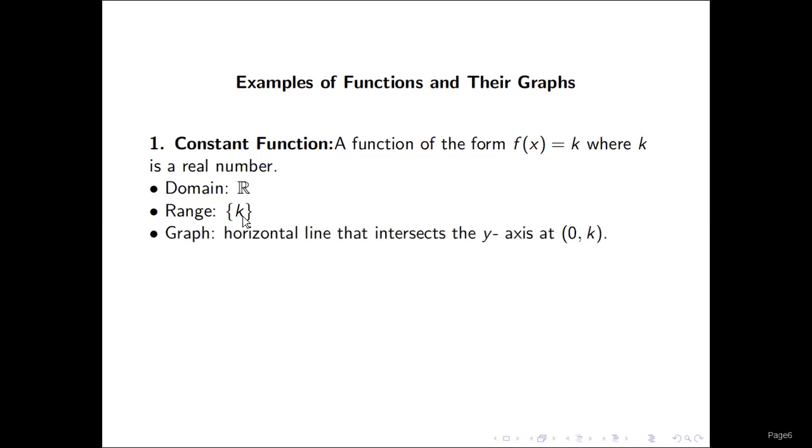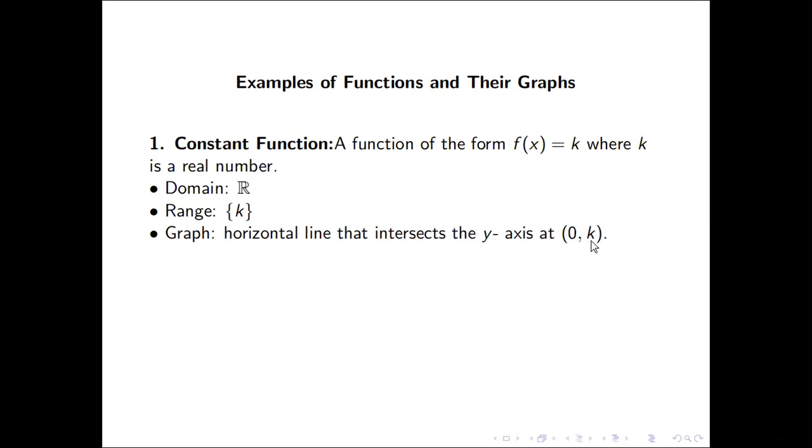Its graph is a horizontal line, since the y value will always be k. If it's a vertical line, it's the x value that will be fixed. If it's a horizontal line, it's the y value that is fixed. And since f of x is equal to k, that horizontal line intersects the y-axis at k.